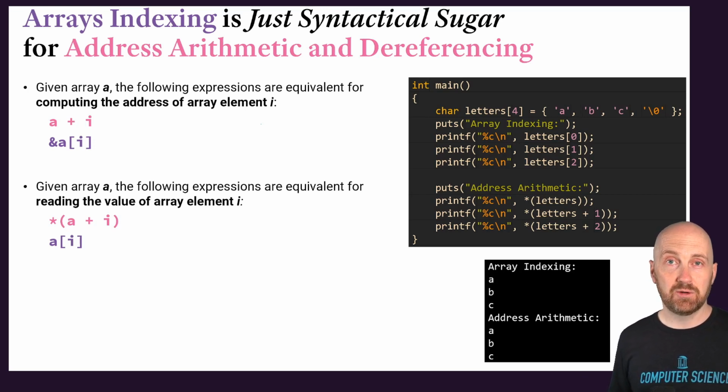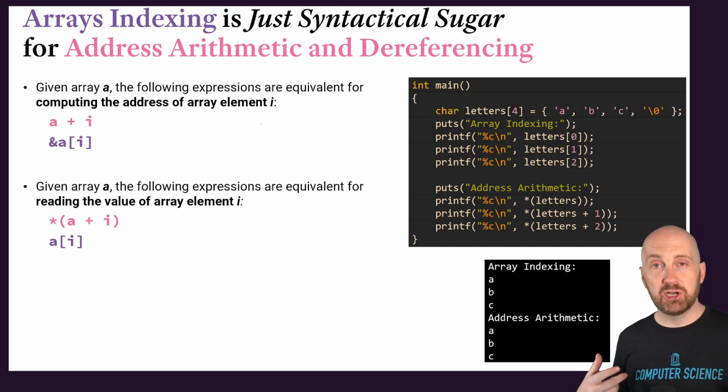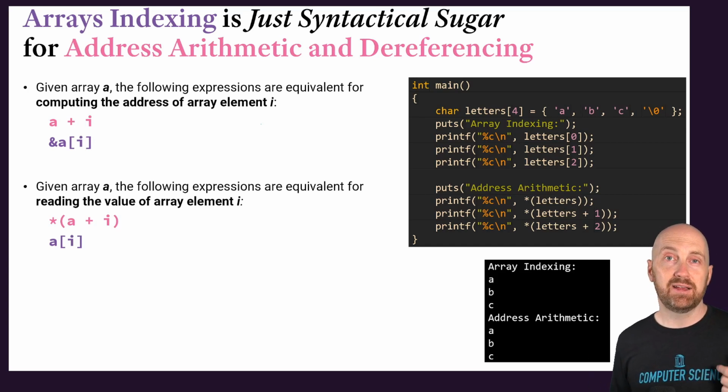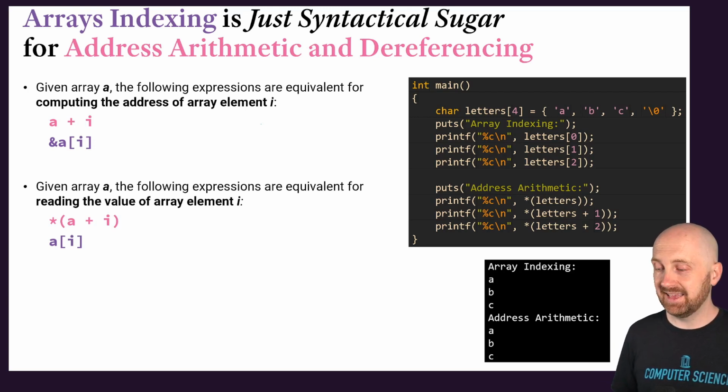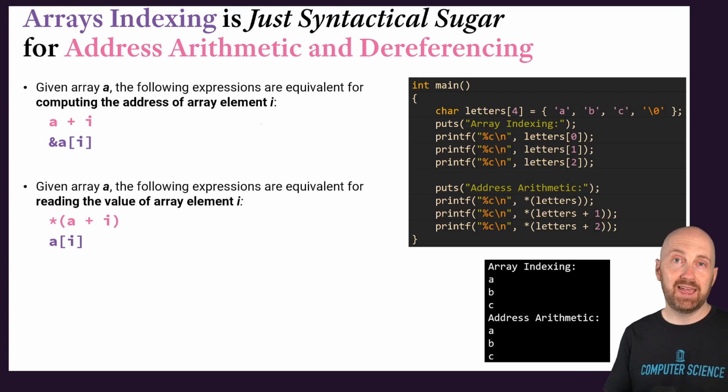So you put the star, which says, whatever address is in these parentheses, I want you to go read the value that's stored at that address. Whereas with A index I, we do that exact same operation, but de facto, when you're using indexing notation, it dereferences for you.